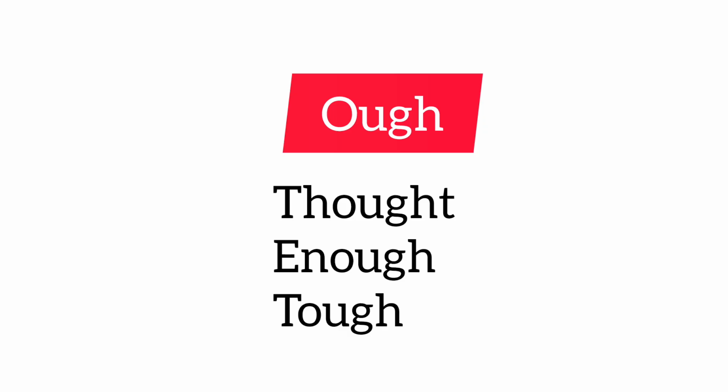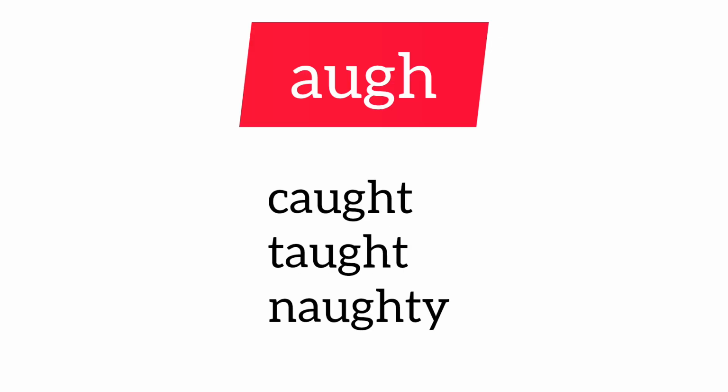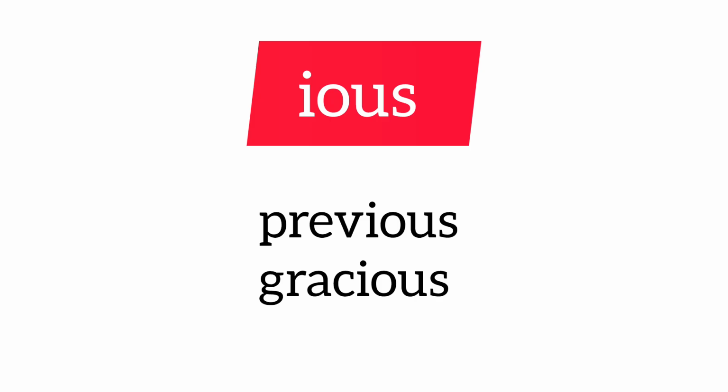Every time give stress on the Quadgraph. The next Quadgraph we pronounce as O: caught, naughty. So every time you will just make your student understand how to pronounce this particular Quadgraph.